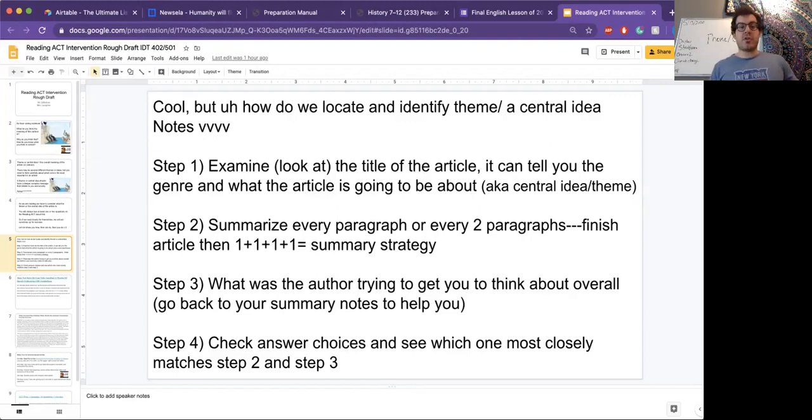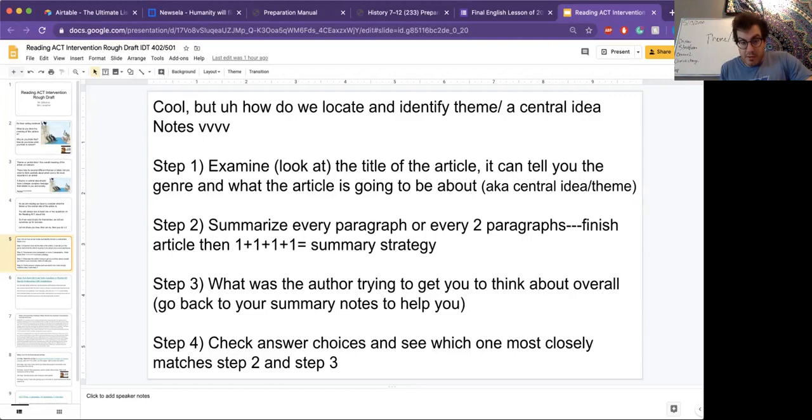Once you finish the article, then you can use your 1 + 1 + 1 = summary strategy to get a really quick summary for the article. Number 3 is, what was the author trying to get you to think about overall? If you do step 2 and step 3 in conjunction, I think that'll give you a pretty good idea about what the article was about overall.